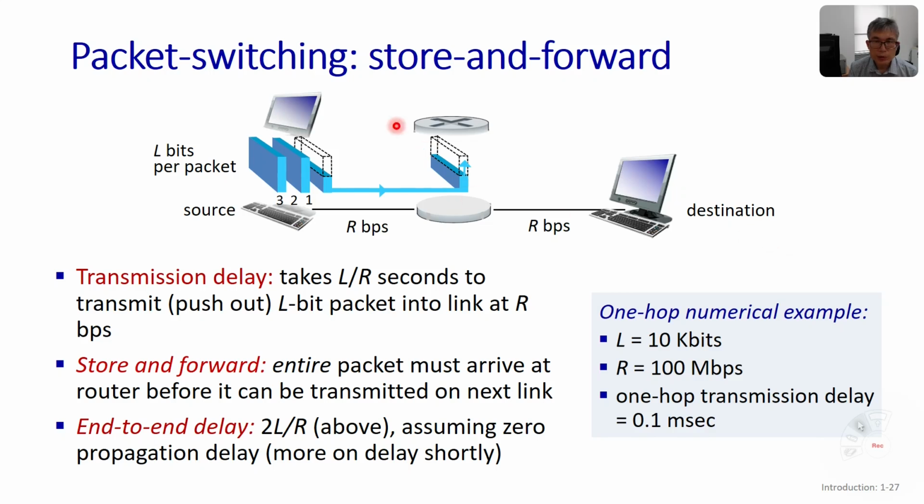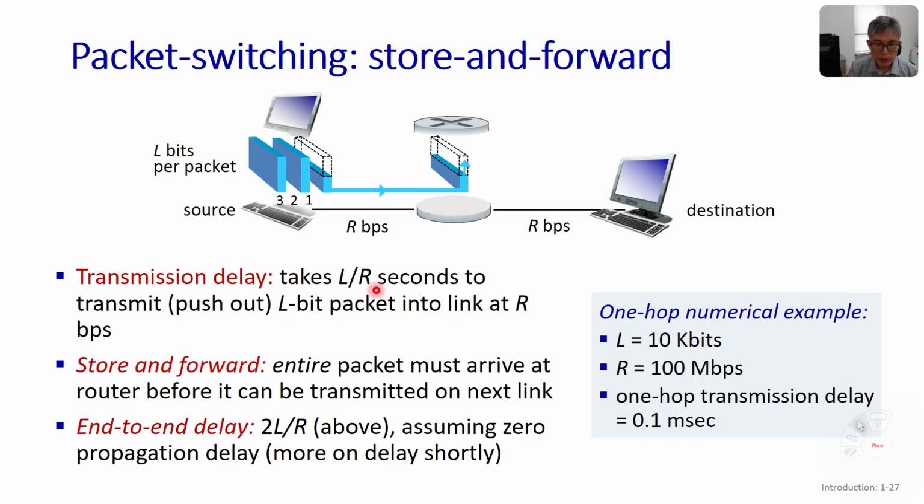And for packet transmission, the store and forward concept is used. So this desktop transmits one to three packets into this network toward the destination. Transmission delay and store-and-forward end-to-end delay we can calculate.